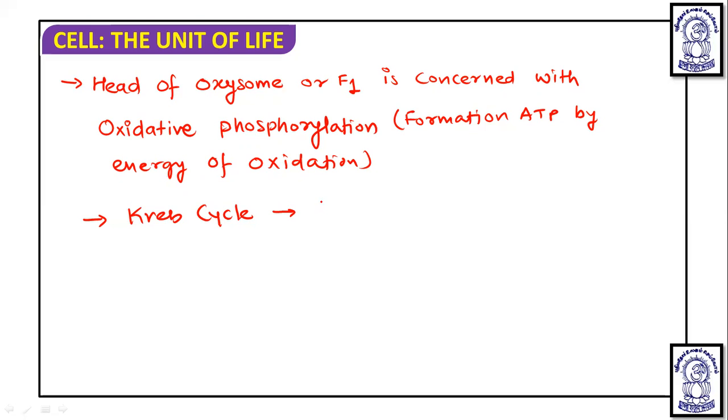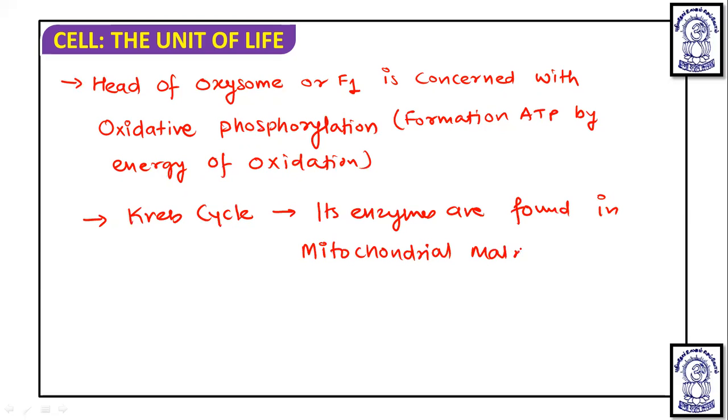Its enzymes are found in the mitochondrial matrix. So the Krebs cycle will also take place in the mitochondrial matrix.